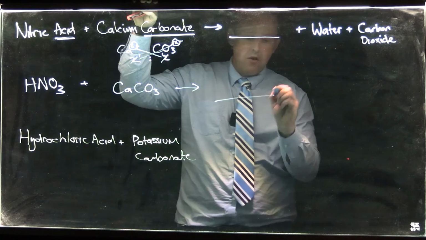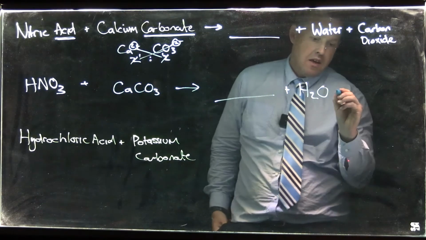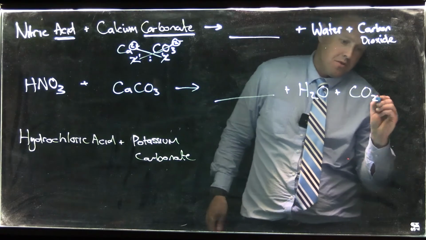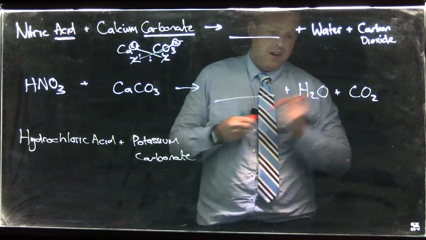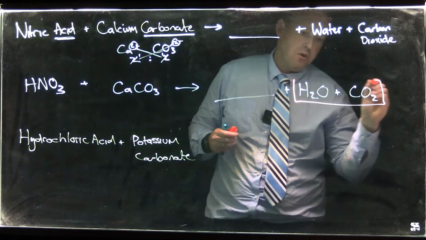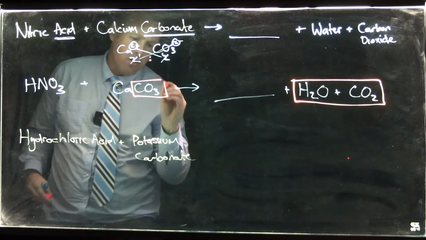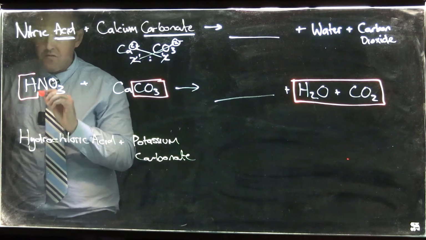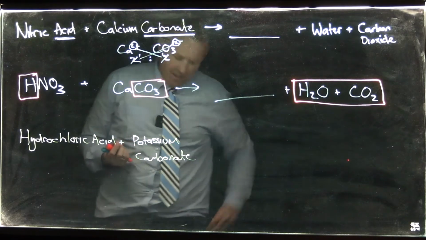I don't know my salt yet, but what I do know, water is H2O. Carbon dioxide, CO2. Now, similar to last time, these two products are going to come from somewhere over in my reactants. In this case, it comes from this carbonate group and from the hydrogens from your acid. Okay, so similar to what we've done last time where we highlighted them.